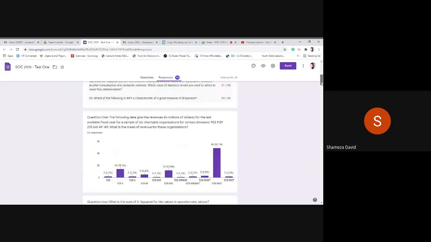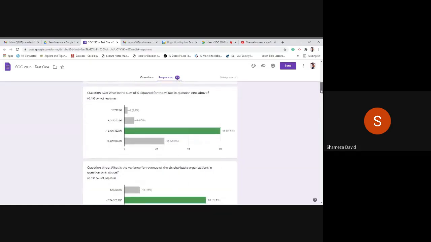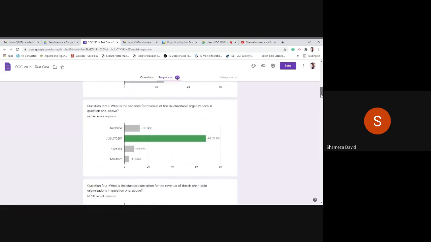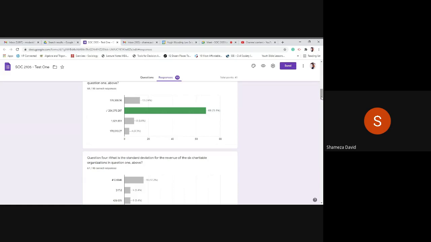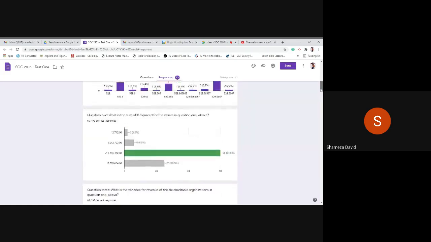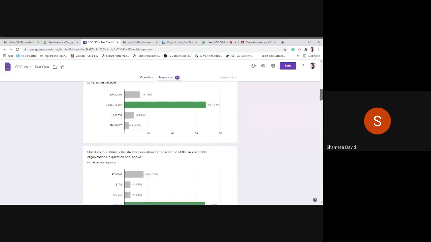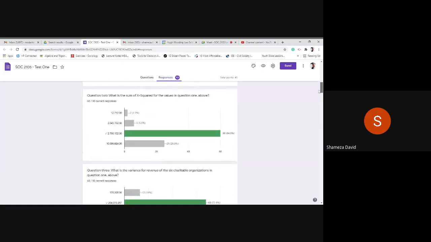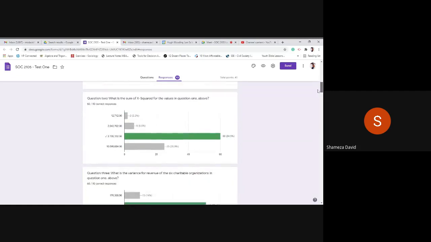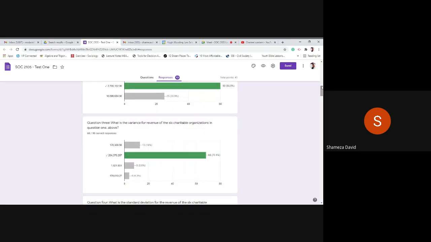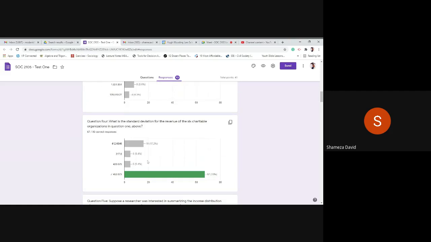Now, question 2, in the order of the questions. After finding the mean, you were then asked to find the standard deviation, but in arriving at the standard deviation, you have to go through a number of steps. You have to first find the sum of x squared, then find the variance, and then finally you arrive at the standard deviation.